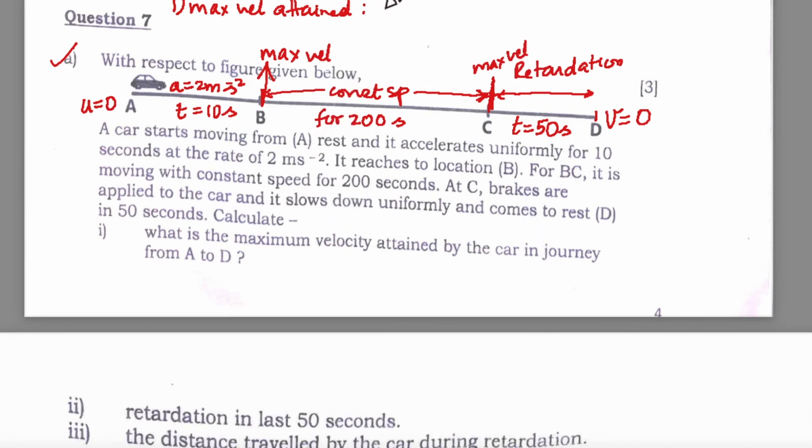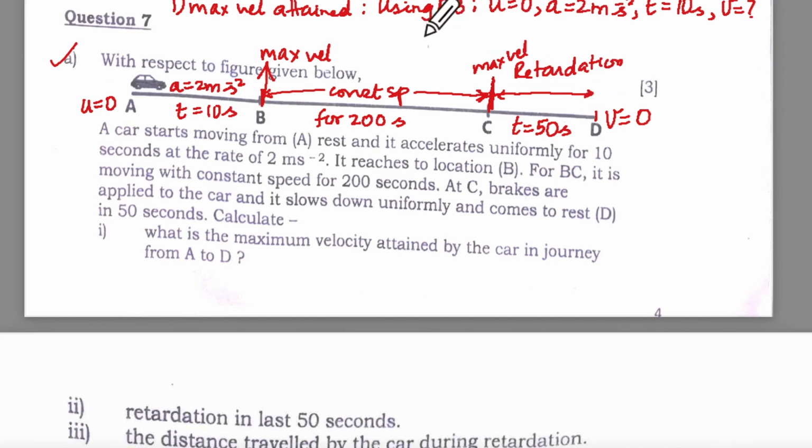So for that I will use AB. I will have initial velocity equal to 0, A equal to 2 meter per second square, T equal to 10 seconds, and V equal to question mark. Can you see V, U, A, T? Did you find that? Yes, ma'am.